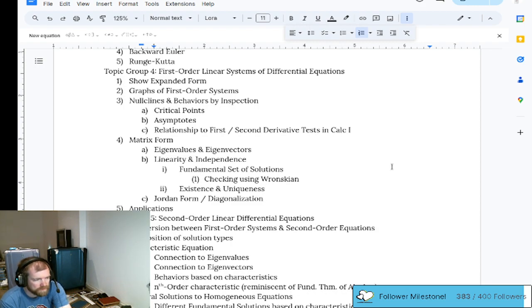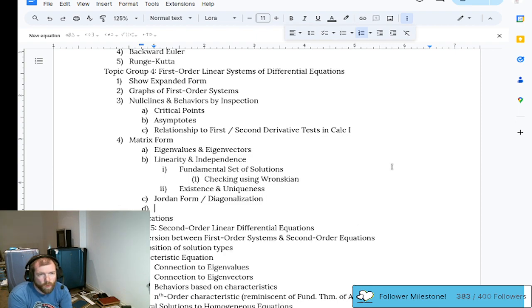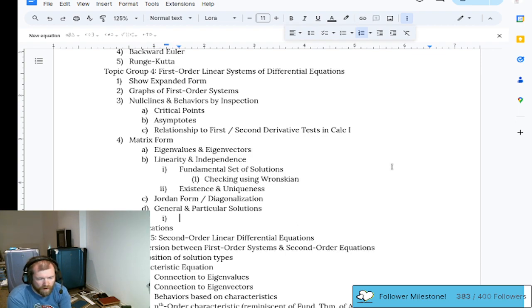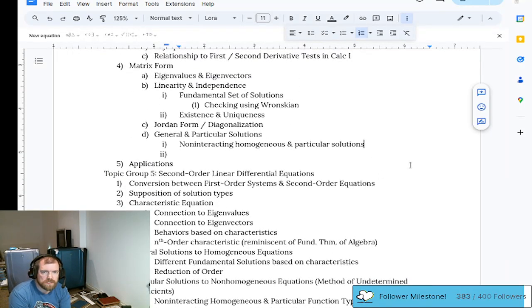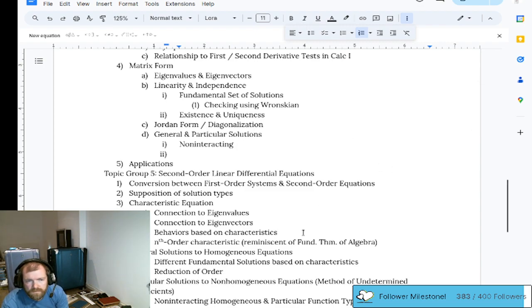Alright, so Jordan form, diagonalization. Duplicated ones.